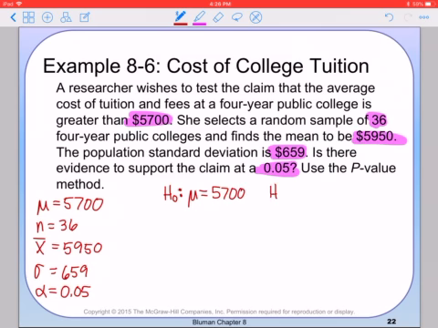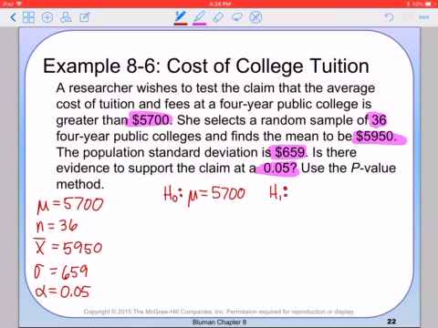The alternate hypothesis is that, let's see, they're asking, is there evidence to support the claim at a 0.05? So the claim that the average cost of tuition and fees at the four-year college is that, she selects at random and finds the mean to be this.